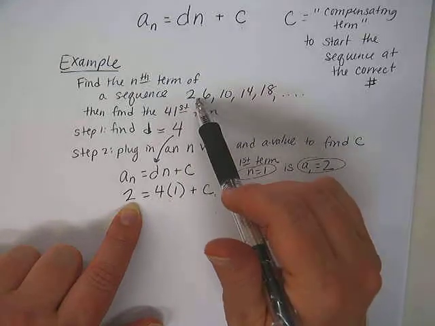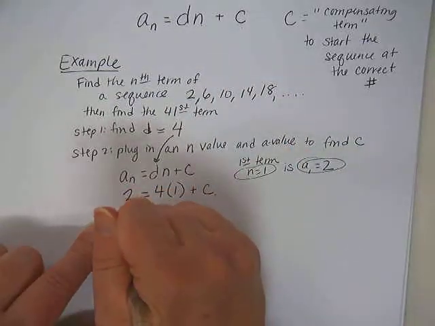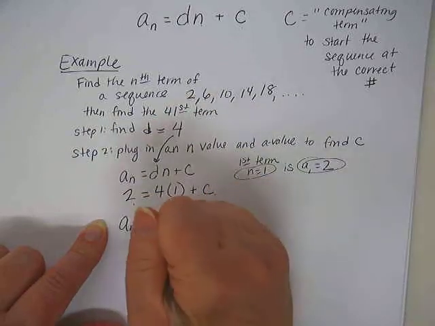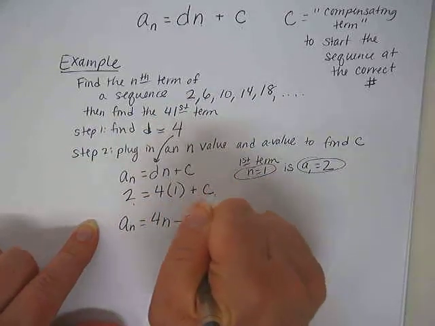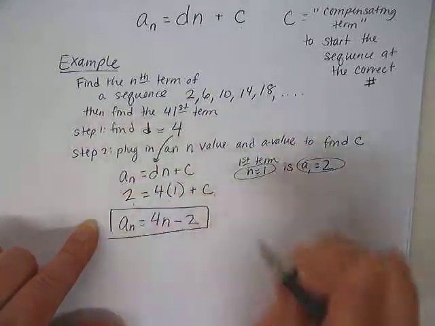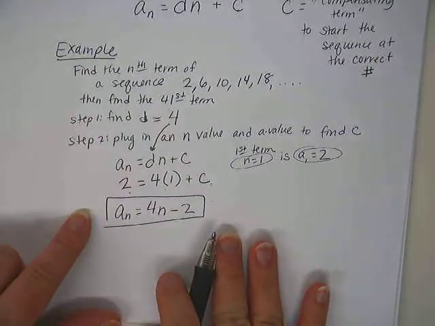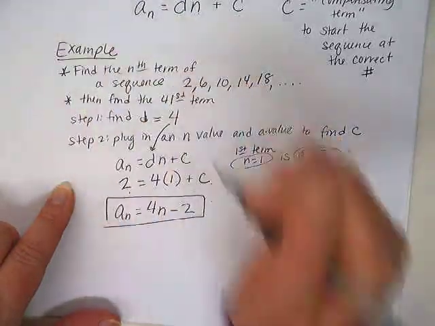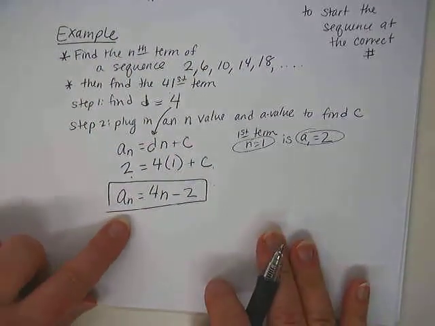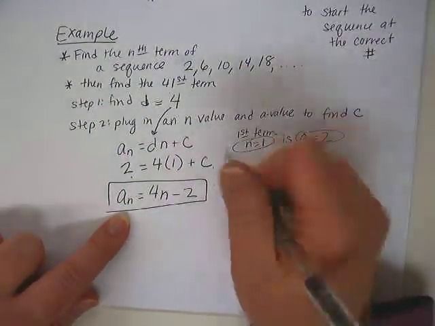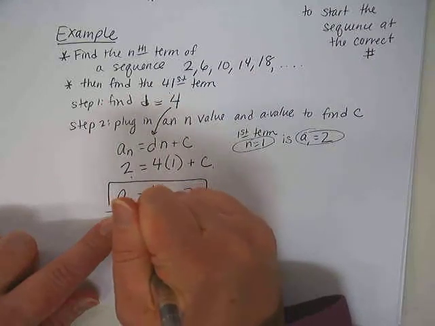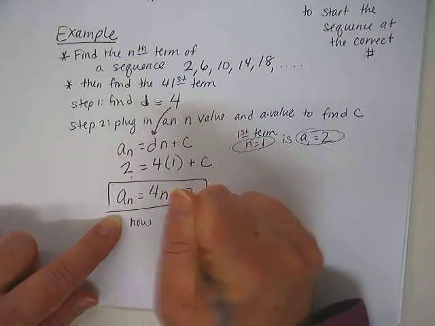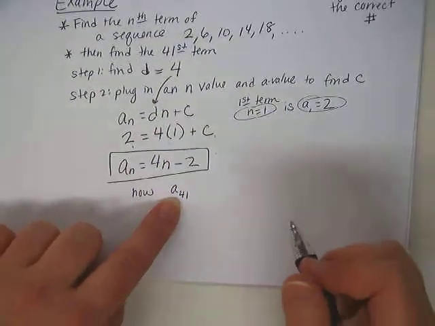A negative 2. Good. So our compensating term, our starting point to get us starting the right place, is negative 2. Notice how negative 2 is not the first number, it's a number to help us get to the first number. So the final answer for the nth term is a sub n equals 4n minus 2. There's the first part of the problem.